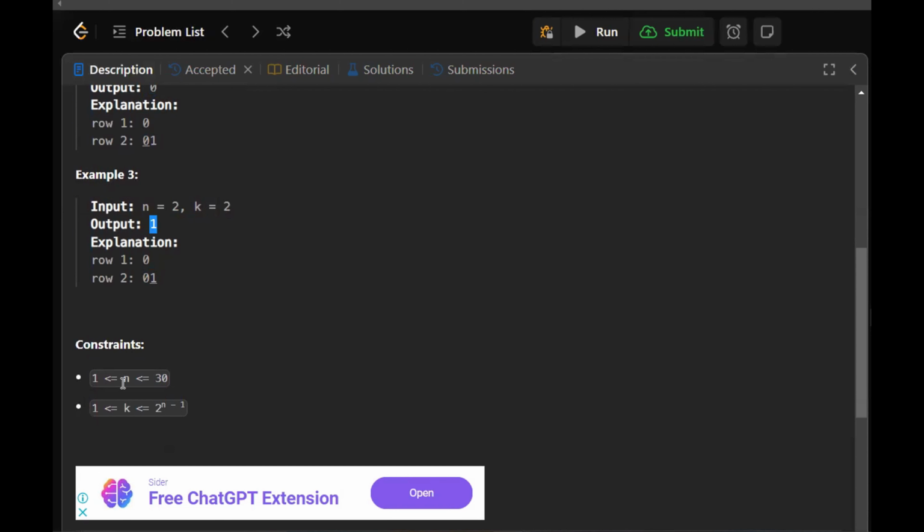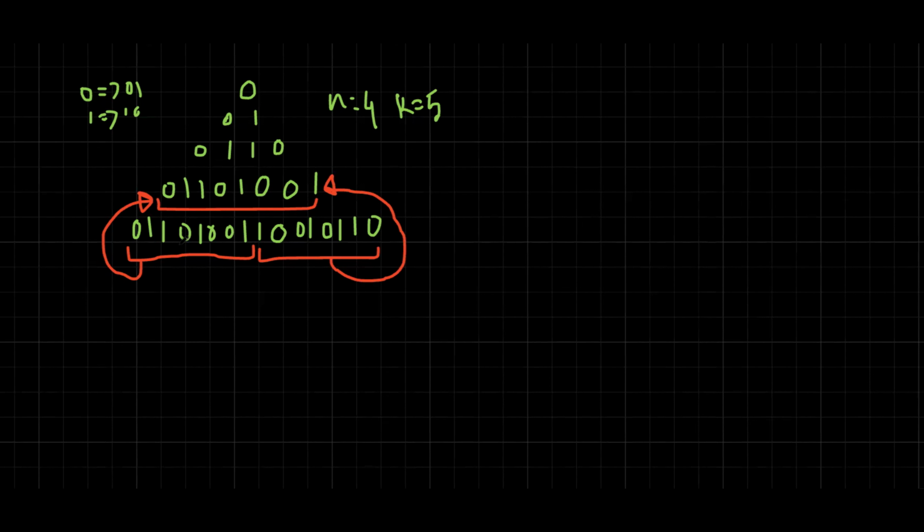And this second half is exactly opposite to the previous row. How so? The first half is 0, 1, 1, 0, 1, 0, 0, 1, and the previous row is 0, 1, 1, 0, 1, 0, 0, 1, which is exactly equal.